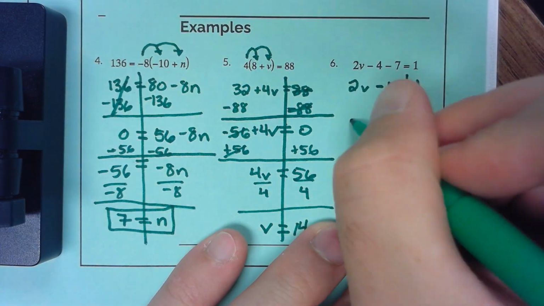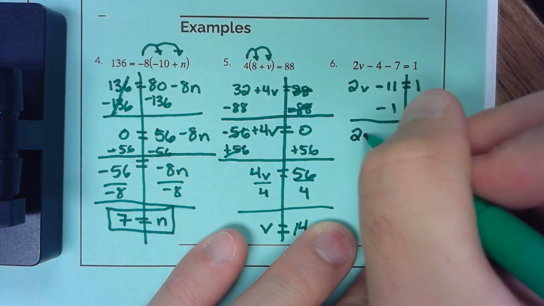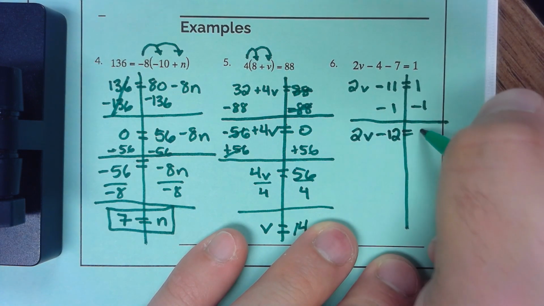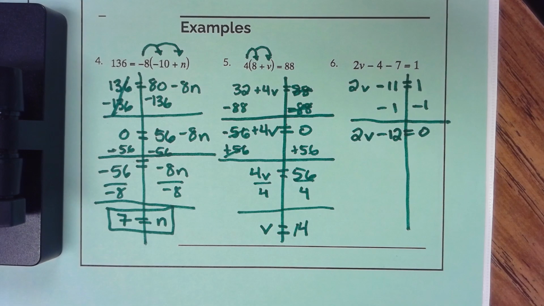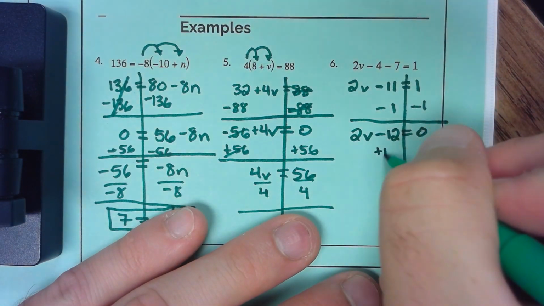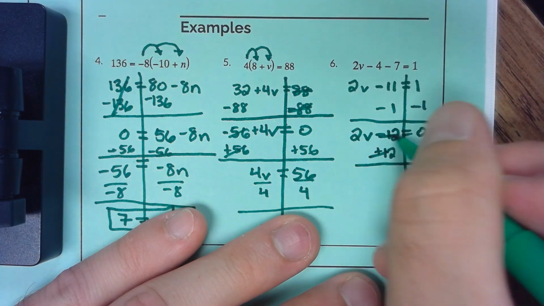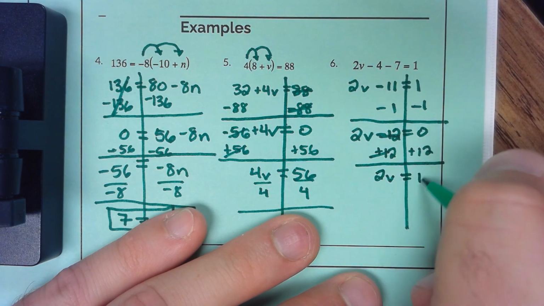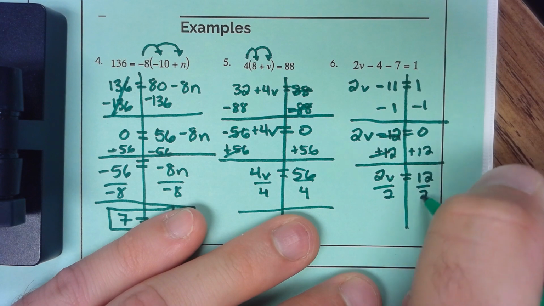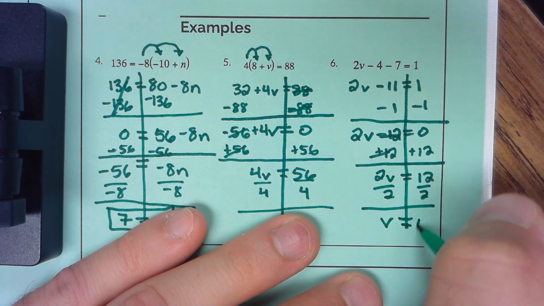So minus 1 minus 1. So 2v minus 12 equals 0. And now I'll add 12. 2v equals 12. Divide by 2. And v equals 6.